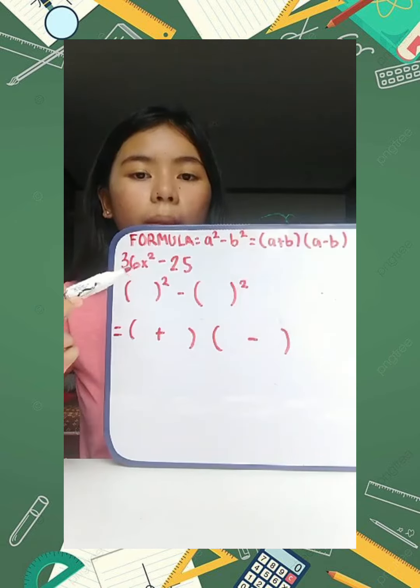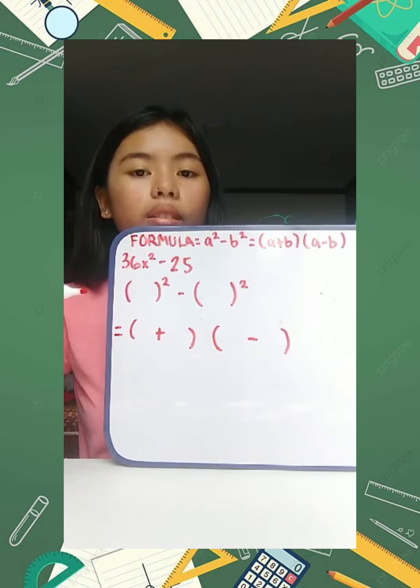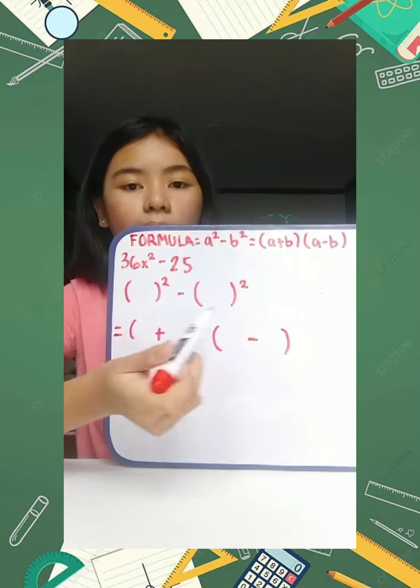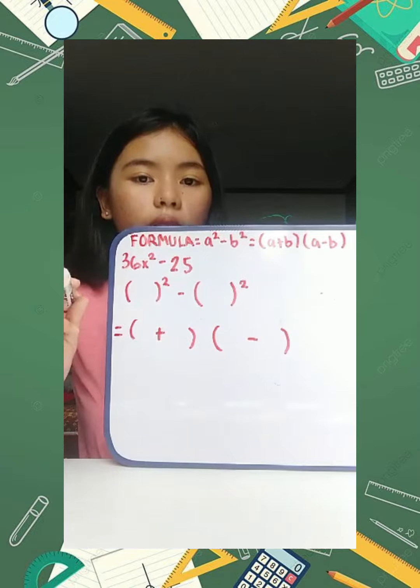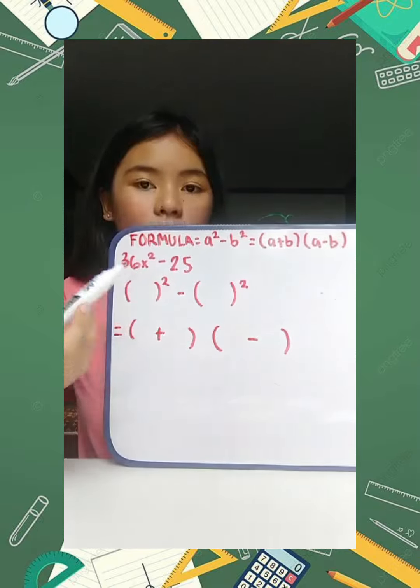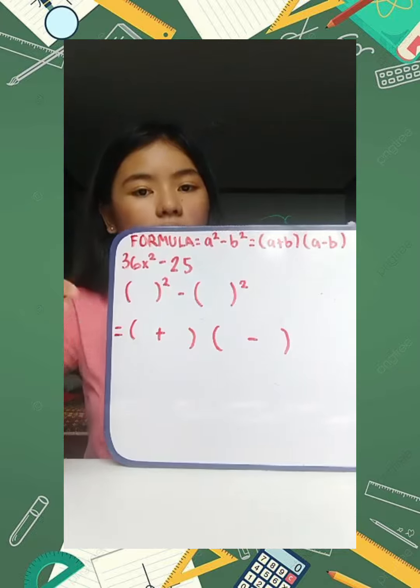36x squared minus 25. First, we will rewrite it as a difference of two squares, like this. Then we will identify the square root of each term. The square root of the first term, 36x squared, is 6x.